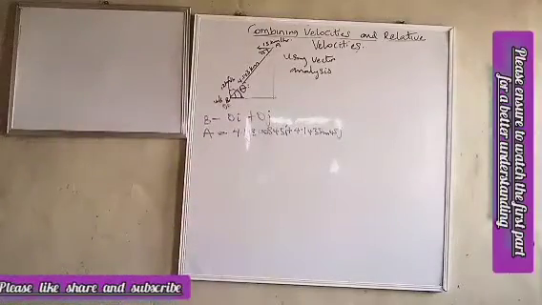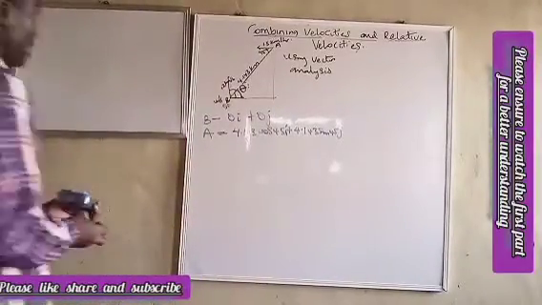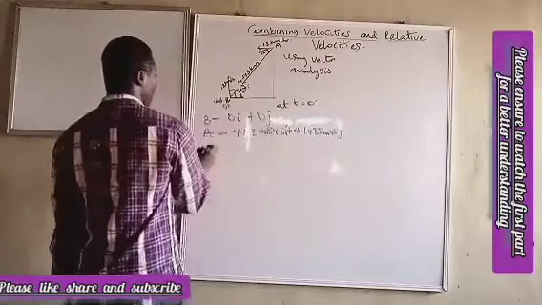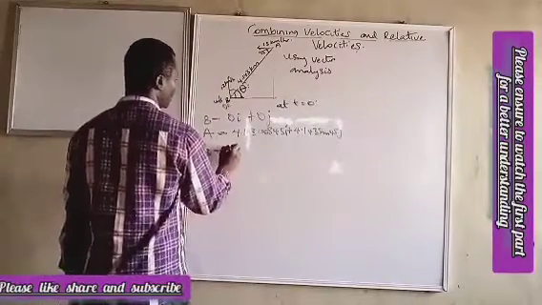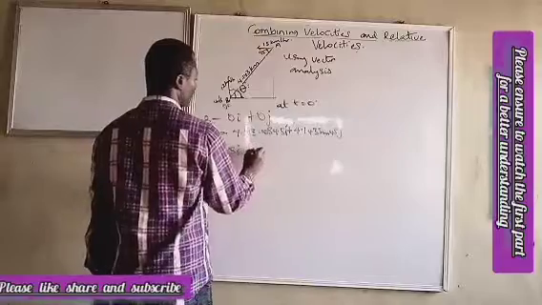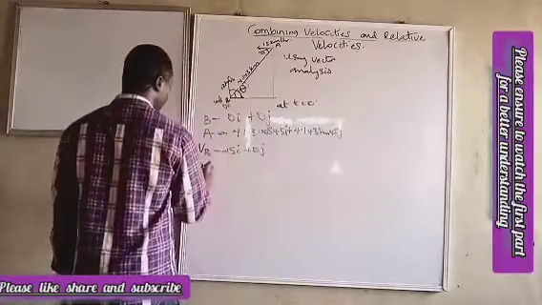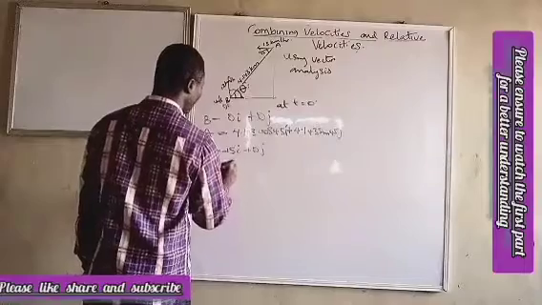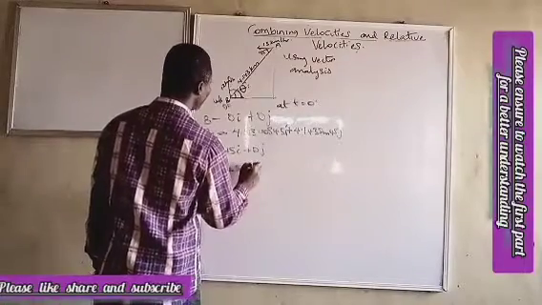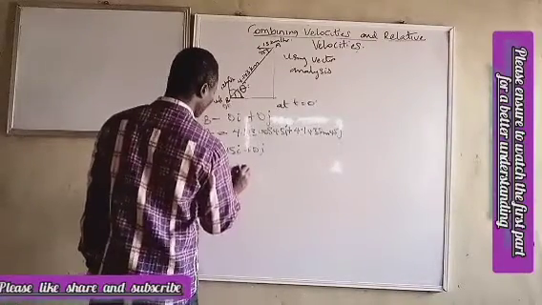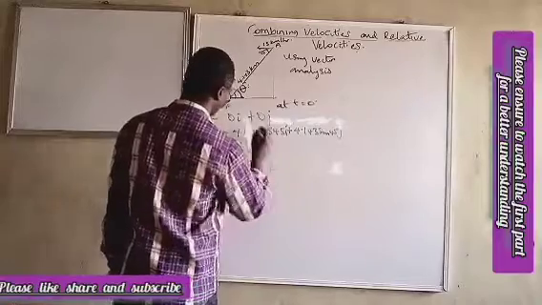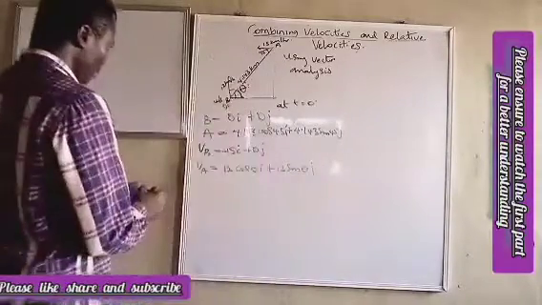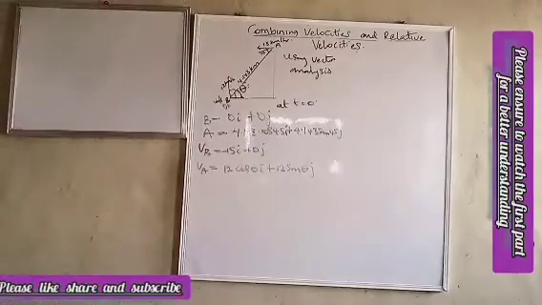So that is the position of A at the beginning of the journey. VB is minus 15, and VA is 12 cos theta I plus 12 sine theta j. That is for the velocity.